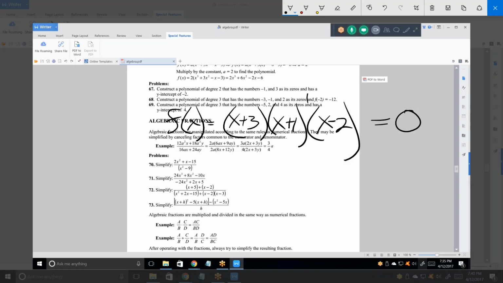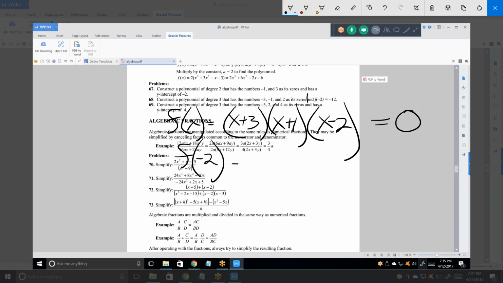Let's see if I have to multiply these together. In other words, I can take this function and multiply it by any a without changing the zeros. You get that part? Yeah. Okay. So let's see what f of minus 2 is equal to. They want it to be equal to minus 12.